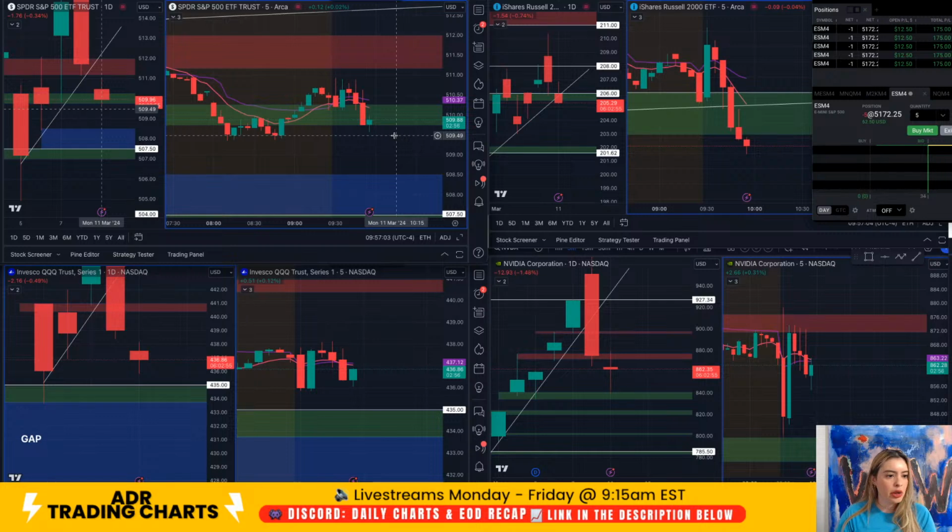I want to see SPY breaking this pre-market low here. It's around 509.50.